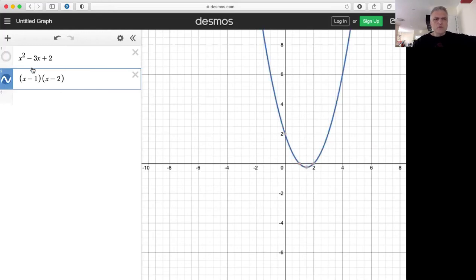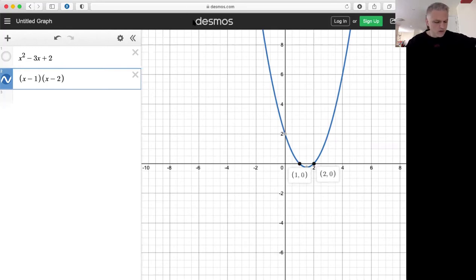Because what did we just do? We took x squared minus 3x plus 2, and we did the product sum, and we found the factors. So when we solved this for equals 0, we found that 1 and 2 are solutions. So x minus 1 and x minus 2 are factors. So here are the factors of this quadratic. That's all I wanted to do on that.